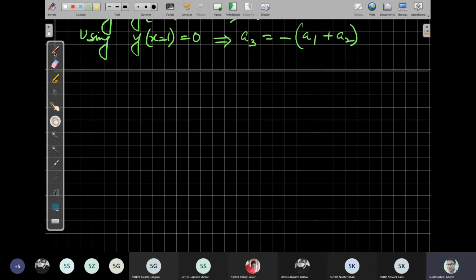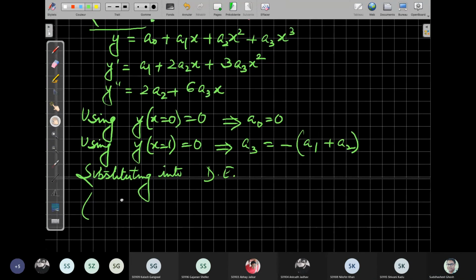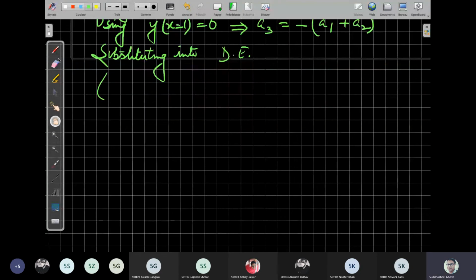What is the expression for y double prime? It is 2a2 plus 6a3x.